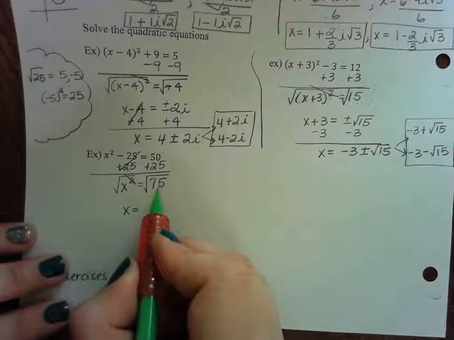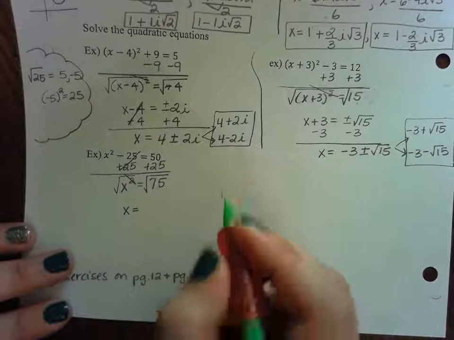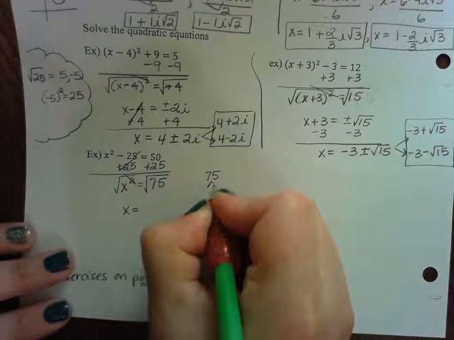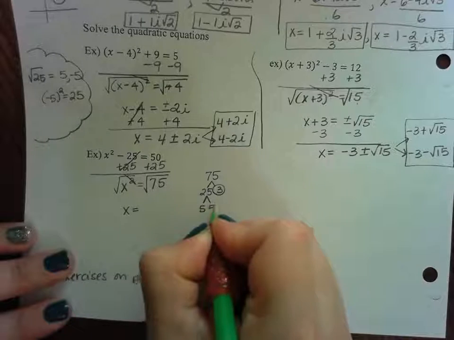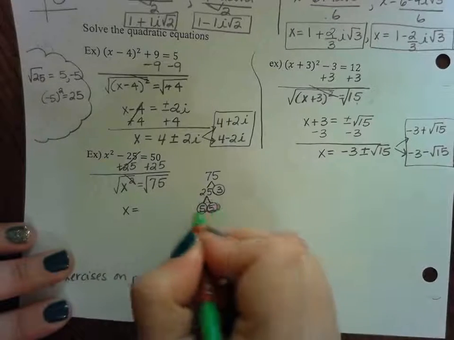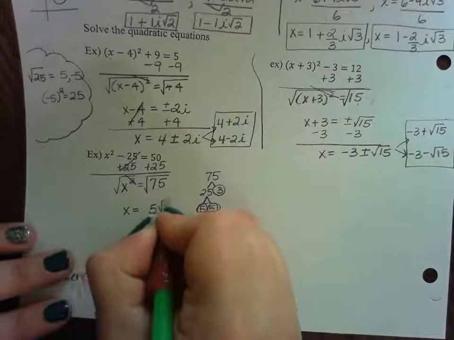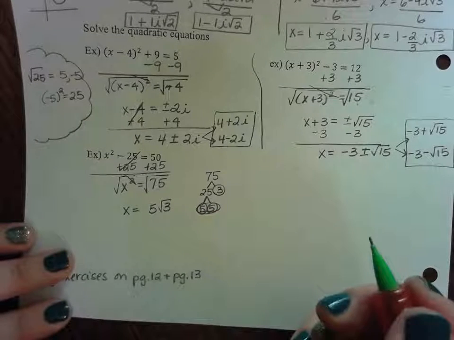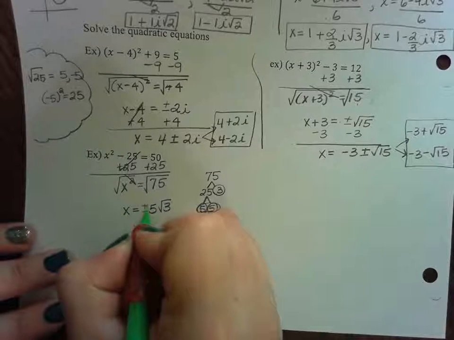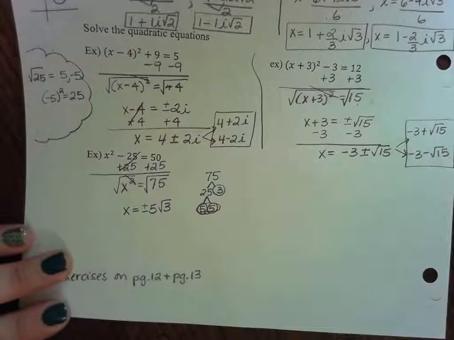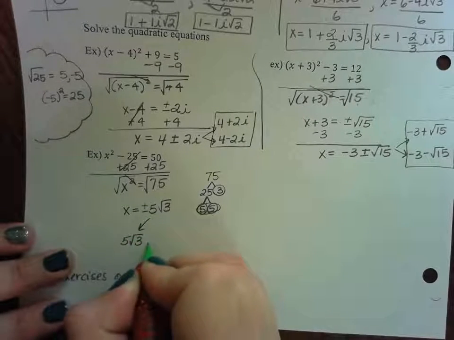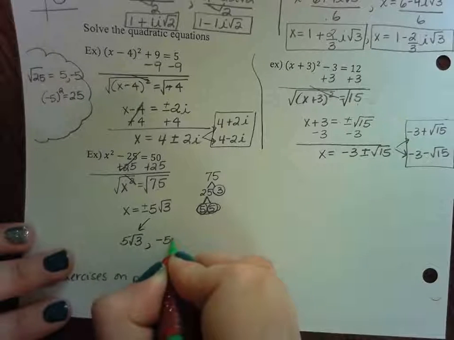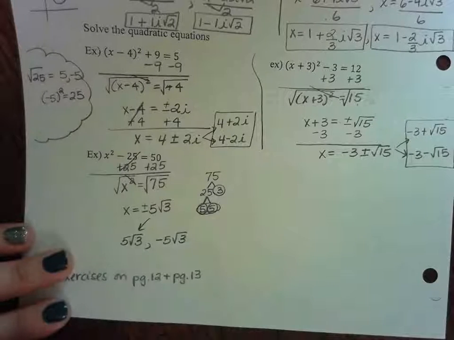And then 75, we can break down 75. So let's see, 75 is 25 and 3. And 5 and 5. So 5 root 3. And then it's a square root, so we're going to put a plus or minus in front of our answer. So one answer is going to be positive 5 root 3. The other answer will be negative 5 root 3.